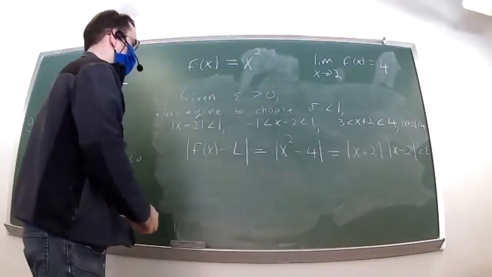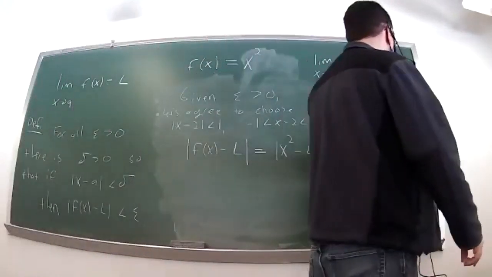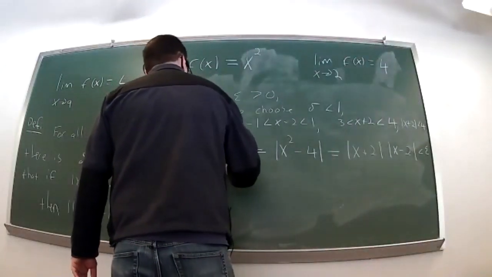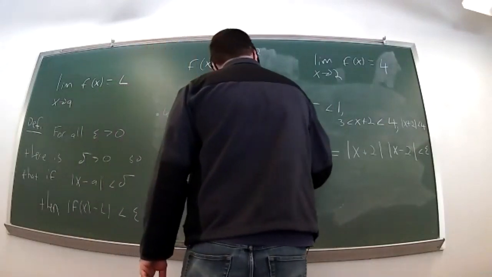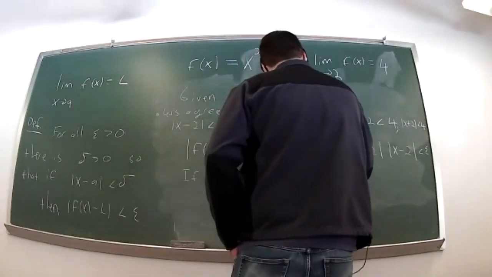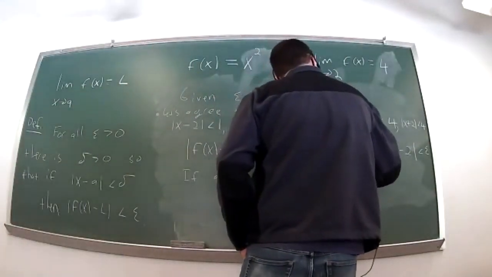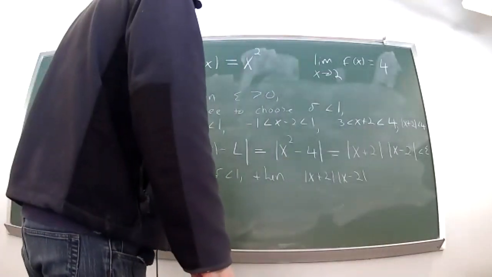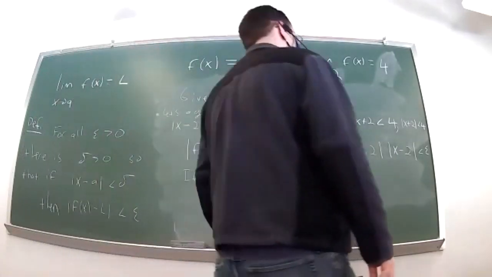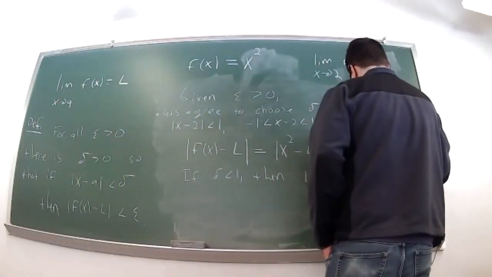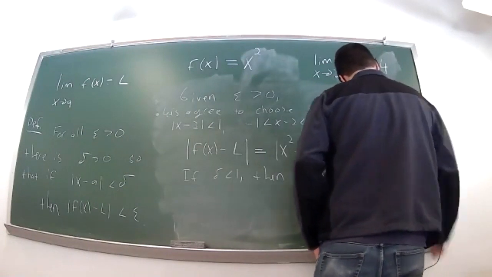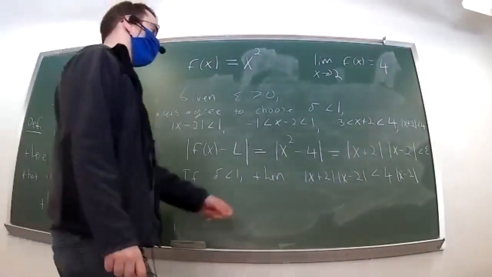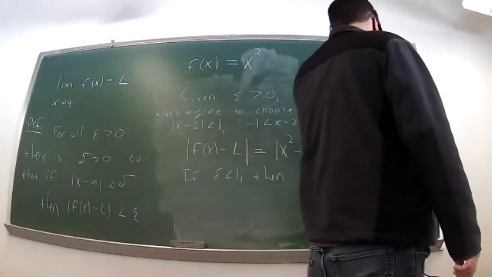So I can basically say, if I've got |x squared minus 4| = |x plus 2| times |x minus 2| is less than epsilon, I can say if initially that delta is less than 1, then |x plus 2| times |x minus 2| is going to be less than 4 times |x minus 2|, no matter what, because the absolute value of x plus 2 is going to be less than 4.